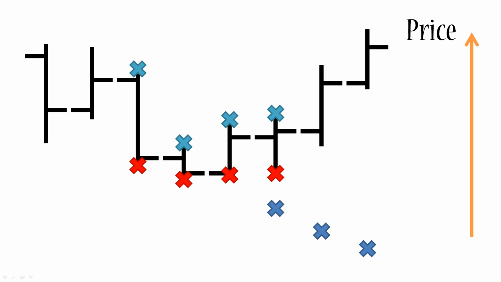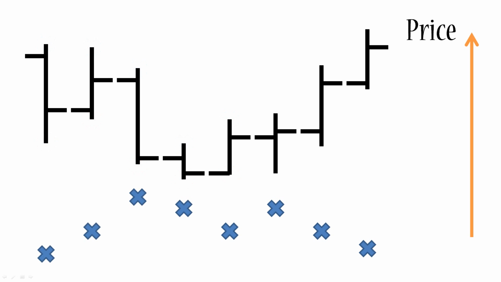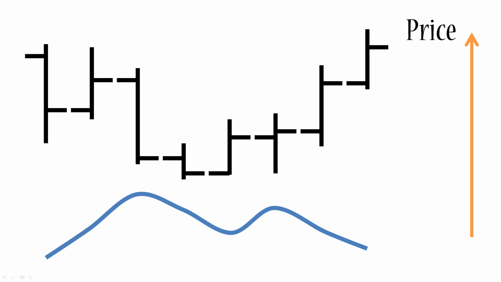Let's do that again. Once more, we've got 4 bars, we've got the average true range plotted under the last of the 4 bars. We can do that again and again, and we just keep going as far left as we want to, and we get all these little crosses at the bottom. Now we're going to connect the crosses with a line, and that's what it looks like.